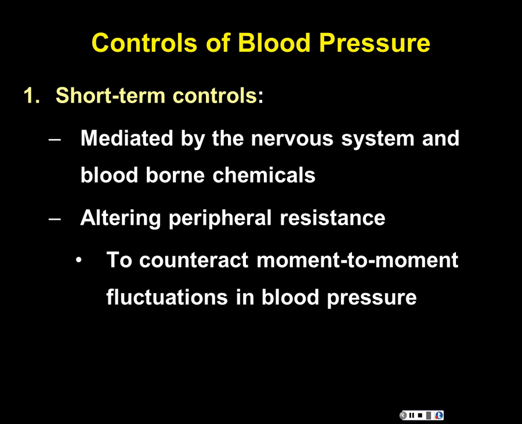I really need to add a second thing on here, so why don't you add a second thing in there? It does alter peripheral resistance, true, but it also changes the cardiac output. What do you think it does to the cardiac output? Well, depends on the condition. So it influences peripheral resistance and cardiac output. And that's what we're adding here.